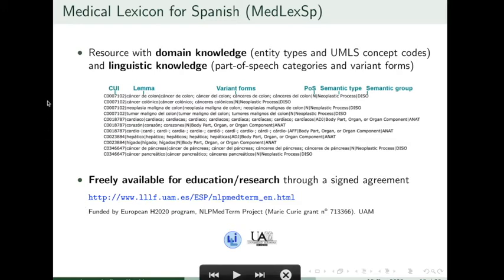So, for the term cáncer de colon in the first row, we include the concept identifier, the singular and plural forms, the categories, and also the domain categories from UMLS, such as the semantic type, which would be neoplastic process, or the semantic group, which would be DISO. This resource is freely available for research, through a signed agreement, so don't hesitate to contact us.